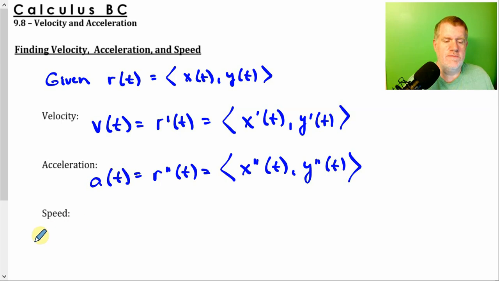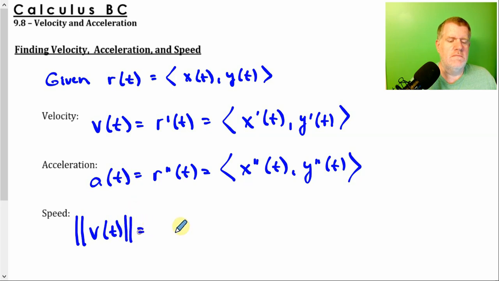All right, now the speed. Obviously, speed and velocity are related to each other. Remember, speed has no direction. Speed is a positive answer. We don't care what direction it is. So if you really think about it, in a vector valued function, the speed is just the magnitude of the velocity. The actual length of the velocity vector is the speed.